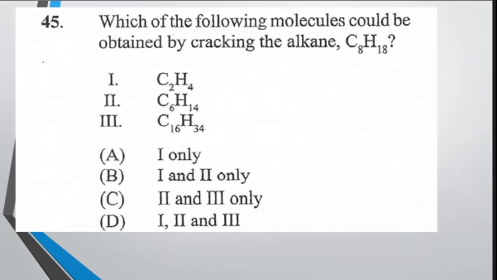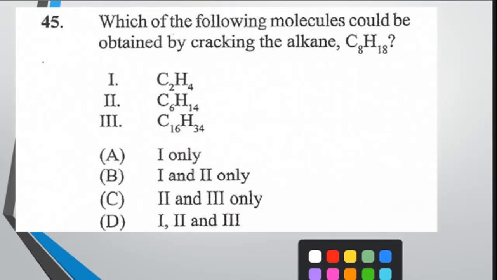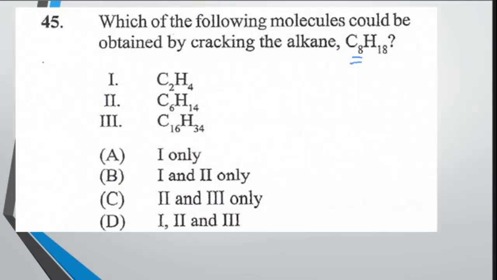Question 45. Which of the following molecules could be obtained by cracking the alkane C8H18? When an alkane undergoes cracking, an alkene is produced and a smaller alkane. So anything that has carbons that are less than C8, we could consider.